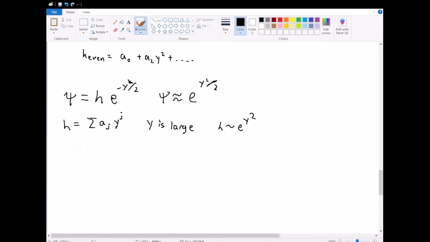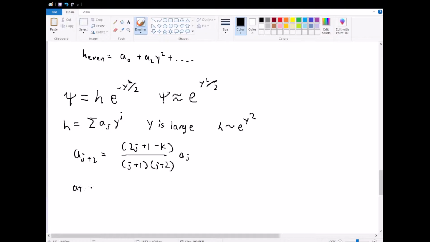We know that a of j plus 2 follows this recursion formula of 2j plus 1 minus k over j plus 1, j plus 2, times aj. So what we can do here is say there's some critical value for j, and we'll call it j equals n.